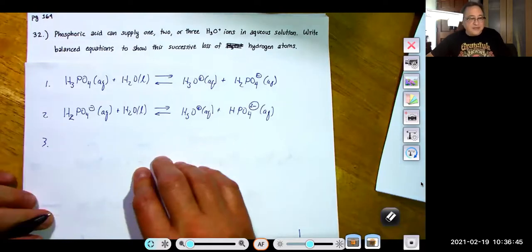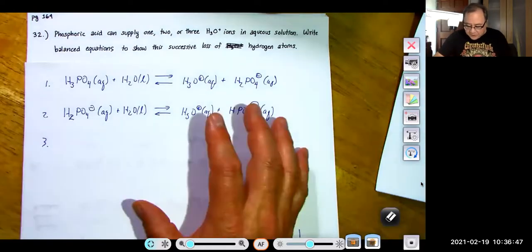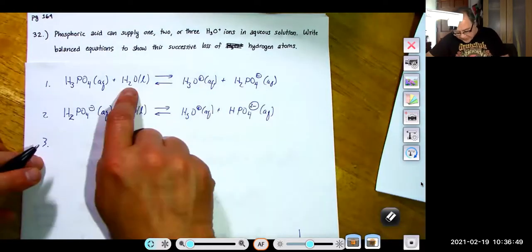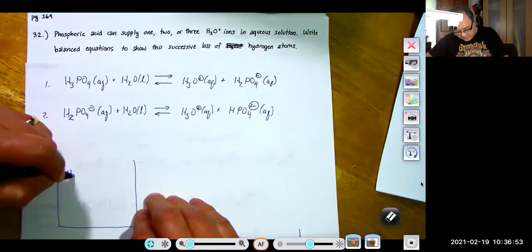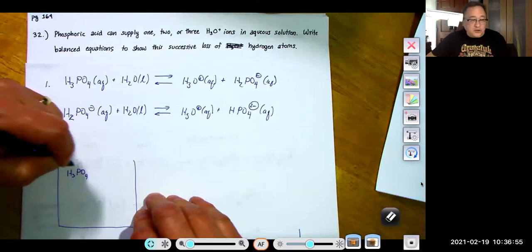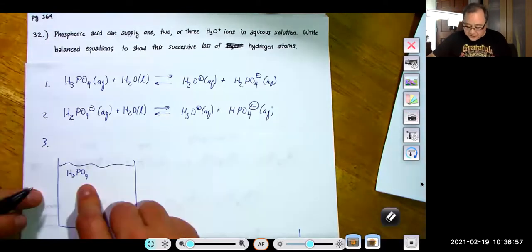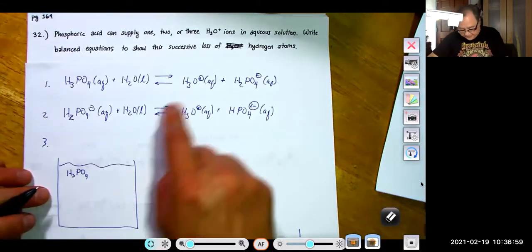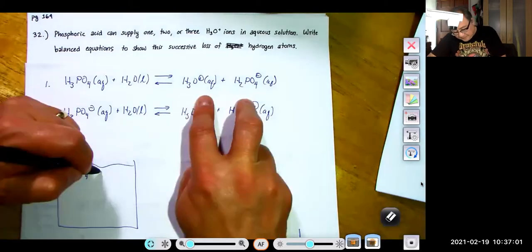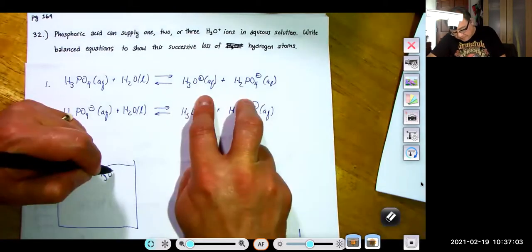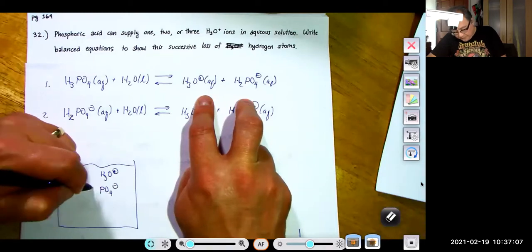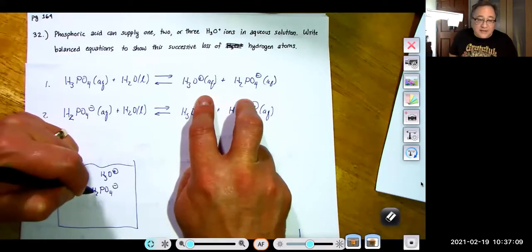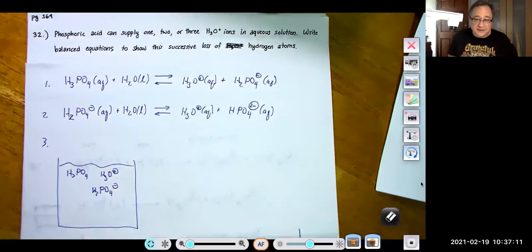So what does this mean when we have these 2 arrows? That means when you put this guy into water, most of them stay together. Some of them do this. So in water, you actually have all 3 things.